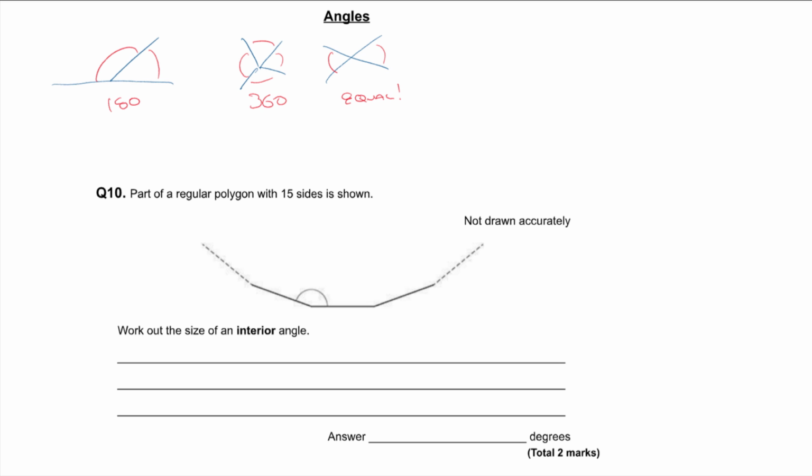We need to know angles in parallel lines. So we've got corresponding, we've got alternate, and we've got co-interior. So you need to know about those.